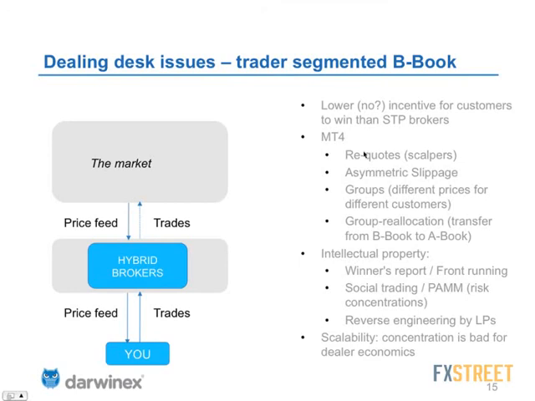So issues that you can have on MT4 if you're trading on a dealing desk are requotes, as I was saying. Then there's asymmetric slippage. It could be that you send your order and the market moves one way or the other. For instance, a big broker like FXCM was fined for doing this 4 years ago.